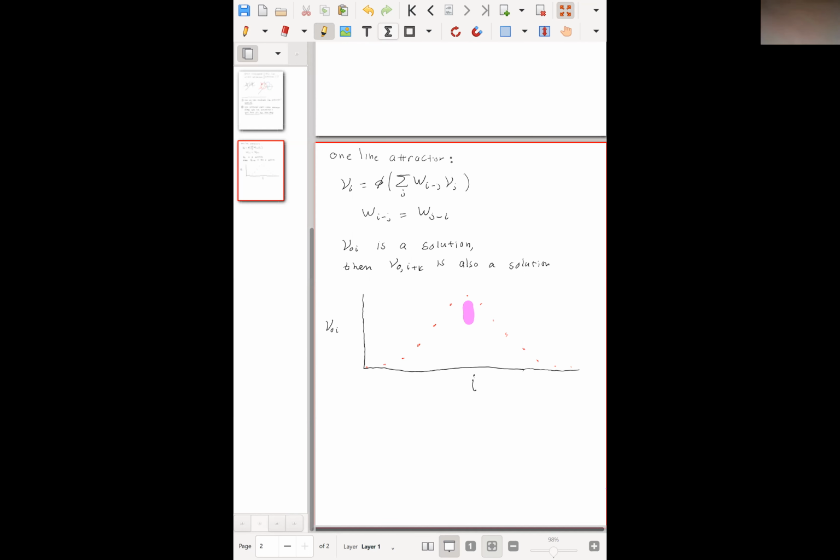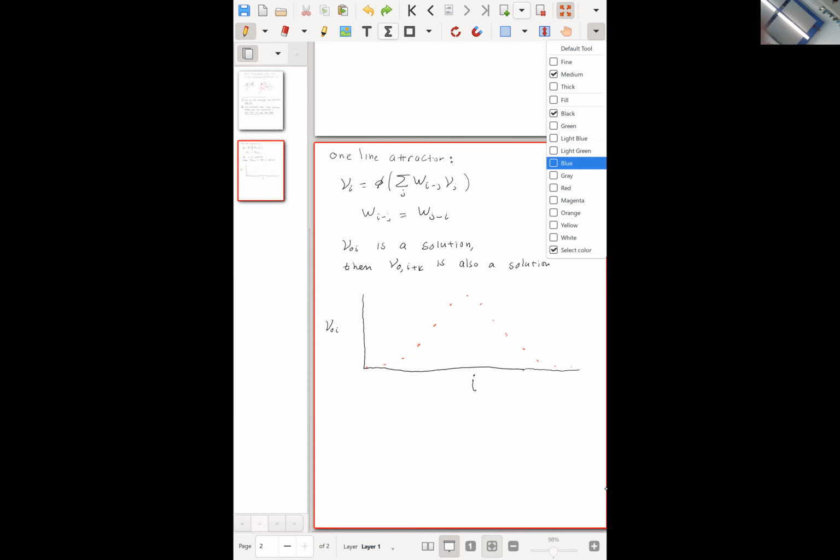So this i, in the case of head direction cells, corresponds to angle.